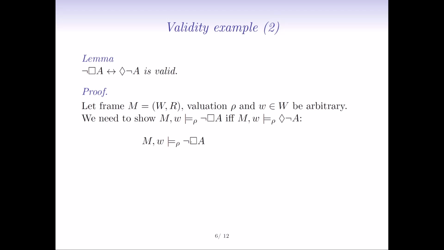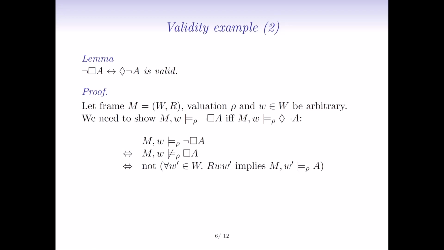So here's the left-hand side. W satisfies not box A. Well, just by applying the clause for negation, that is the case if and only if the formula box A is not true at W. And that means, just by using the clause for box, that it's not the case that for all accessible worlds W prime, A is true at W prime.